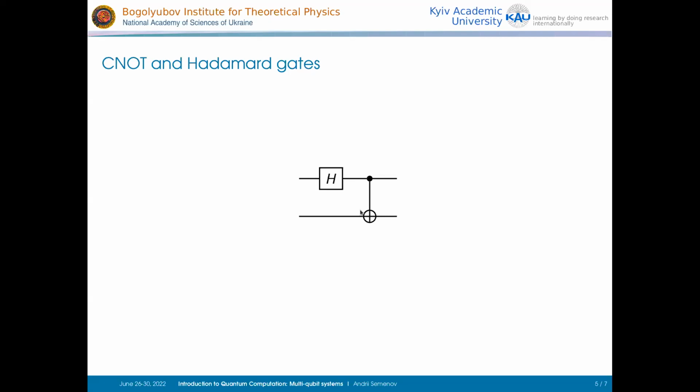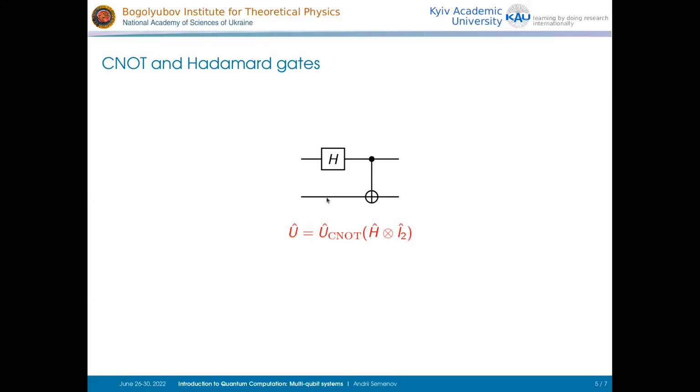Let's see what happens. In order to describe it properly, I invite you to the lecture of my colleague, Danila Yakimenko, tomorrow. He will tell a lot about this matrix algebra, how to construct the whole unitary operation for such quantum circuits. But I only want to tell you the next things. First, you have a Hadamard gate. Another wire is empty.